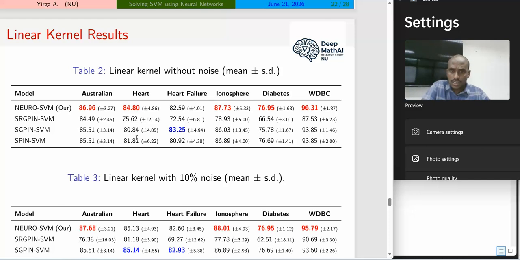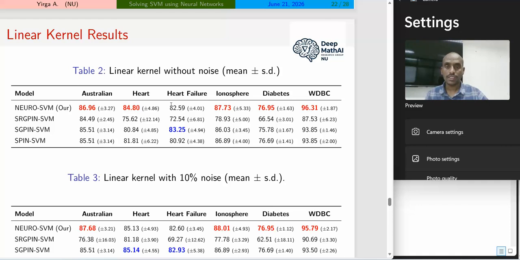So if we see the values of the accuracy for 6 datasets, we have 6 datasets in this row, and 4 models, including our model, in the column. Our model outperforms in 5 of the 6 datasets.